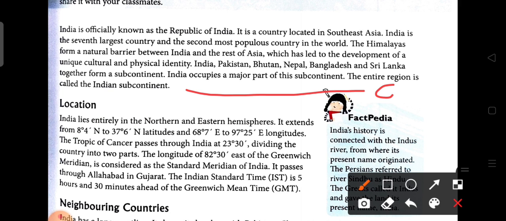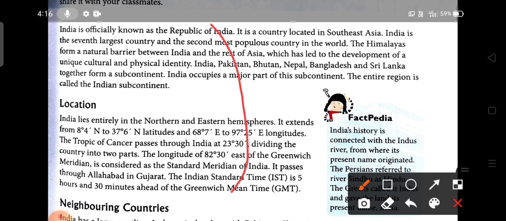So here is the 0 degree, and here suppose it is 8 degree, and here it is 37 degree 6 minute north. Now the longitudinal extension is 68 degree 7 minute east to 97 degree 25 minutes east longitude.